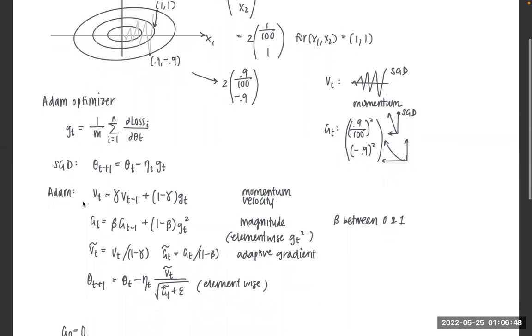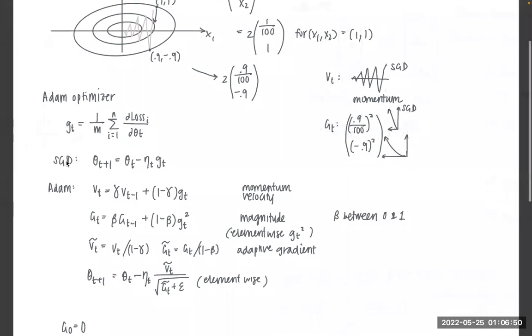So recall that for each mini batch, this should be i from 1 to m, that's a typo. For each mini batch of m examples, for each training example, we can compute this loss function. And we compute the derivative of the loss function with respect to the shared parameter theta, evaluated at the current value of theta t.